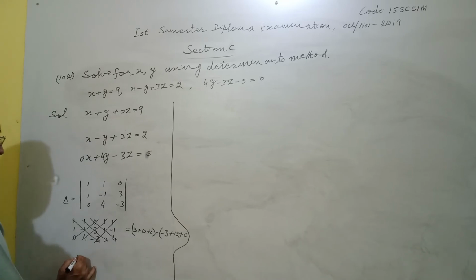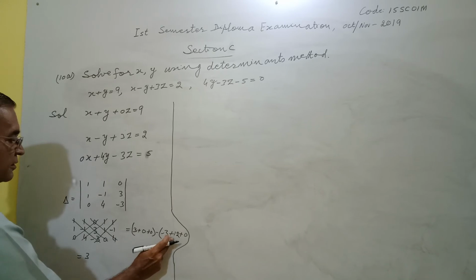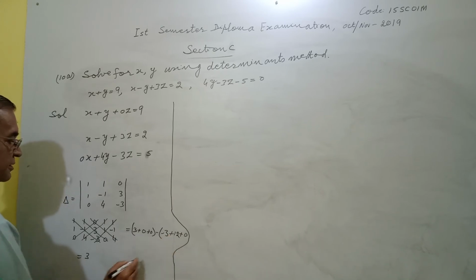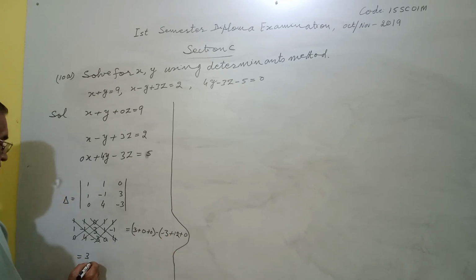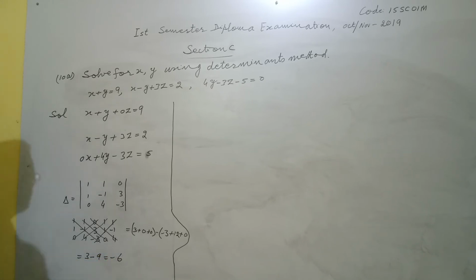Which will come out to be 3, then we will get minus 9, that is minus 6. So overall it will come out to be minus 6. The value of delta, that is the value of the determinant from the equations, will come out to be minus 6.